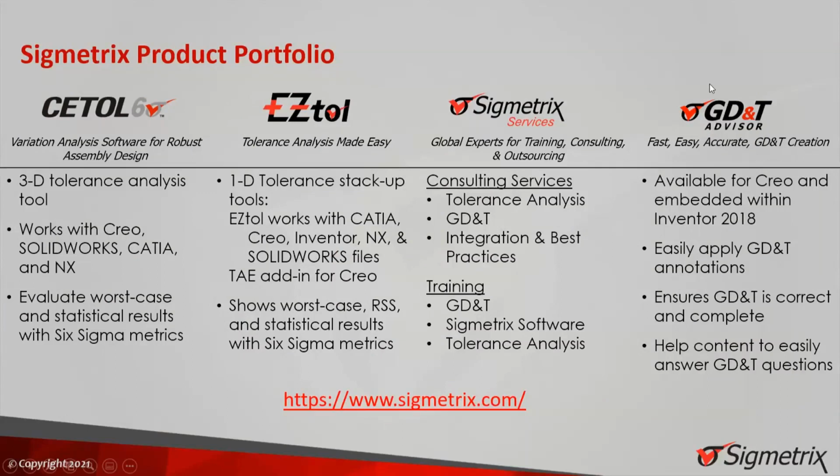And it is also an expert in GD&T, so it developed another product called GD&T Advisor, but this is only for PTC Creo. It is an expert system. Sigmatrix also provides tolerance analysis training and consulting services. You can visit the website of Sigmatrix to get more detail about these products and services.